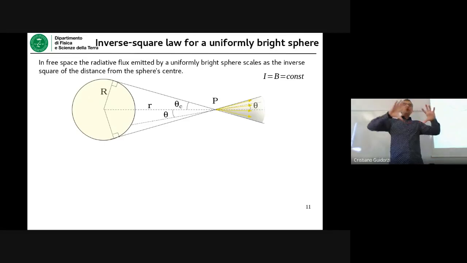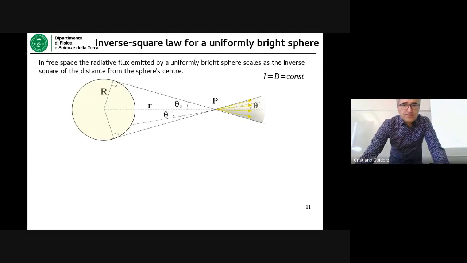So let's assume we have a uniformly bright sphere. What does this mean? It means that the intensity evaluated over all the points of the surface is the same value: the same brightness across all the points on the surface of this object.